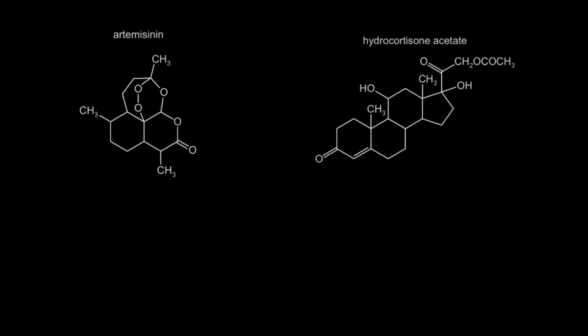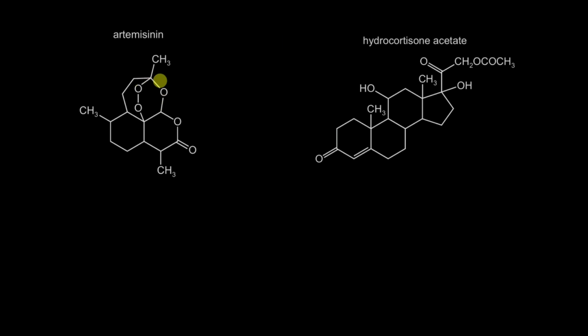Then I have this molecule. Could you find the number of chiral centers in this molecule? And the second one on the right. So the left molecule and the right one. Artemisinin and hydrocortisone acetate.